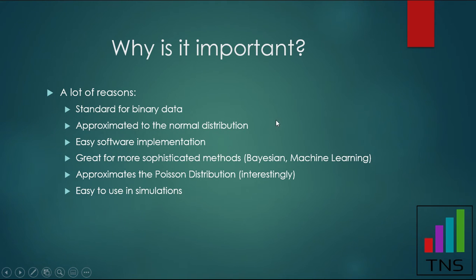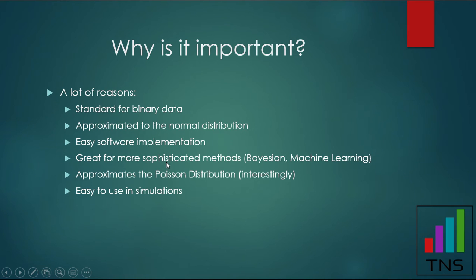It's, of course, approximated by the normal distribution, which is always an advantage. It makes working with it very easy. Software implementation has been developed around that. So many software packages have implemented it in a lot of different ways, and it's really one of the easiest ones to implement in software.